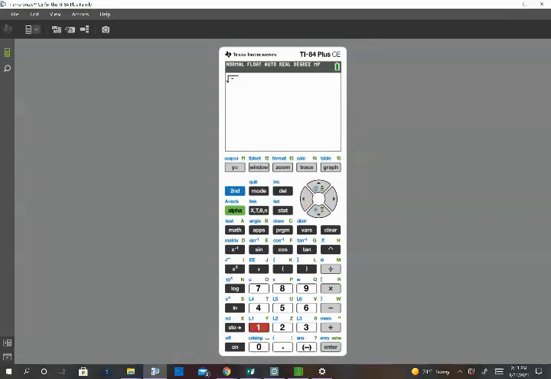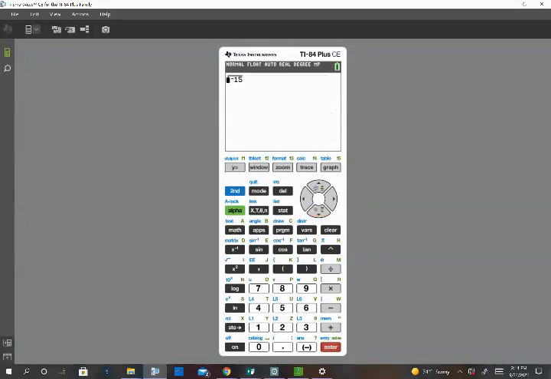So negative 1, notice how it gives me an error. What it's going to tell me is that I can't take the square root of a negative. I can't take the square root of any negative number. I can change this to be negative 15, and it's still going to give me an error. I can't take the square root of a negative, and that is an issue.